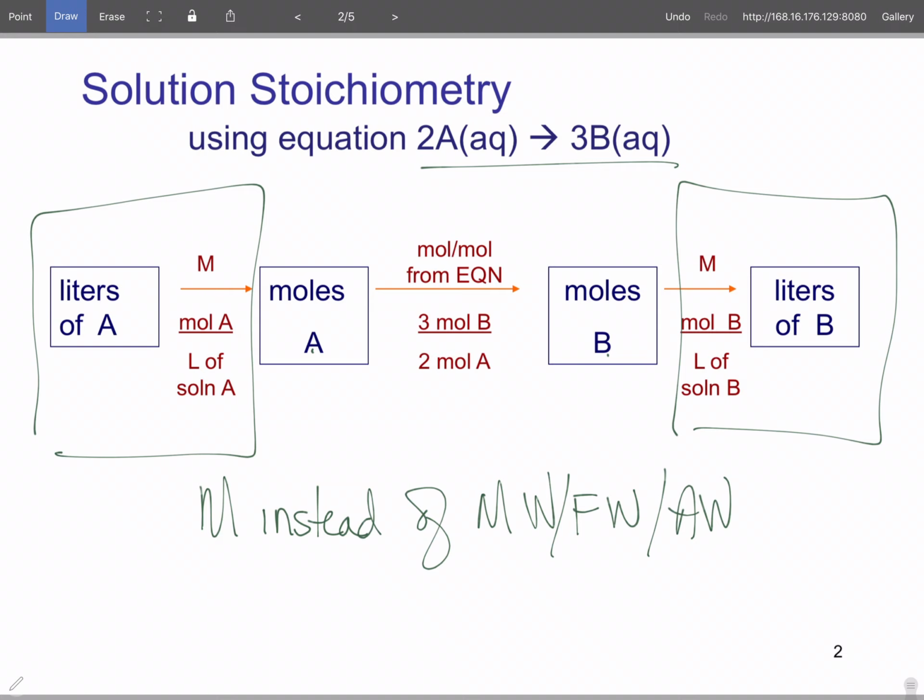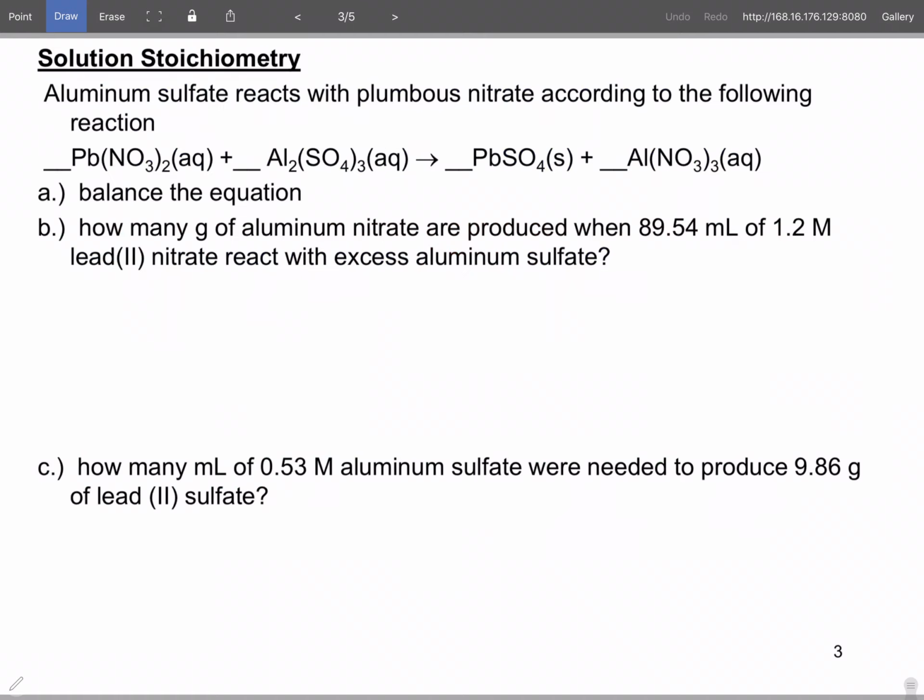I can ask for one component in grams and one in molarity, and mix them either way, because we know how to get from grams to moles to molarity, or from moles to grams. But the beauty is if you're only working in molarity, you don't have to worry about calculating molecular weights.